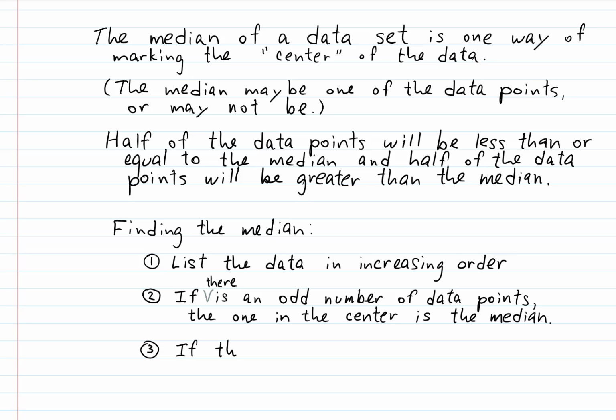If there's an even number of data points, then it's very, very slightly more complicated, but I hesitate to even use the word complicated because it's not complicated at all, it's just a tiny bit more. In that case, there will not be one data point right in the center. The center would fall sort of on the comma between two data points.